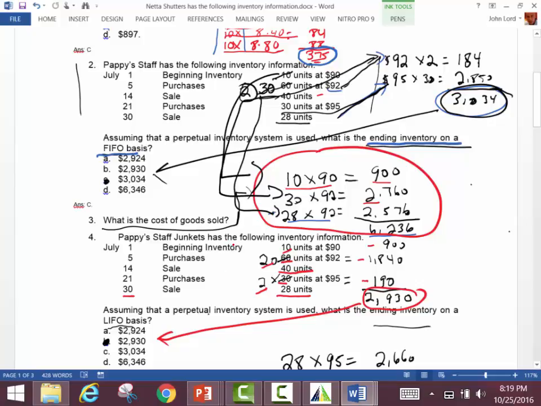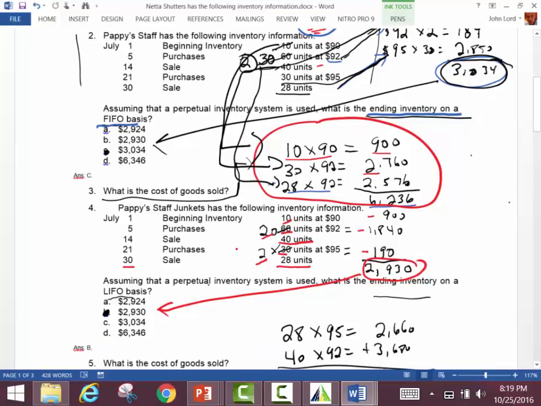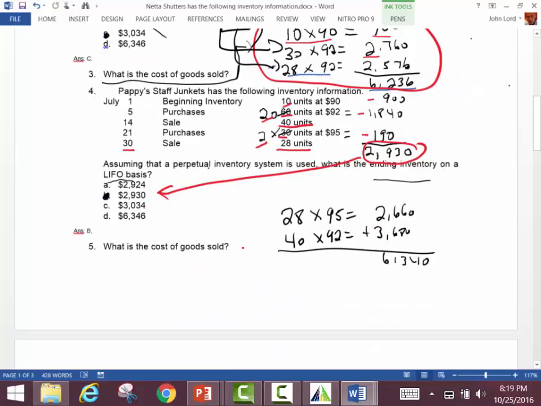Okay. Okay, good. Who wants to do Pappies? Ending inventory using LIFO. Go ahead, walk me through it. Go ahead.